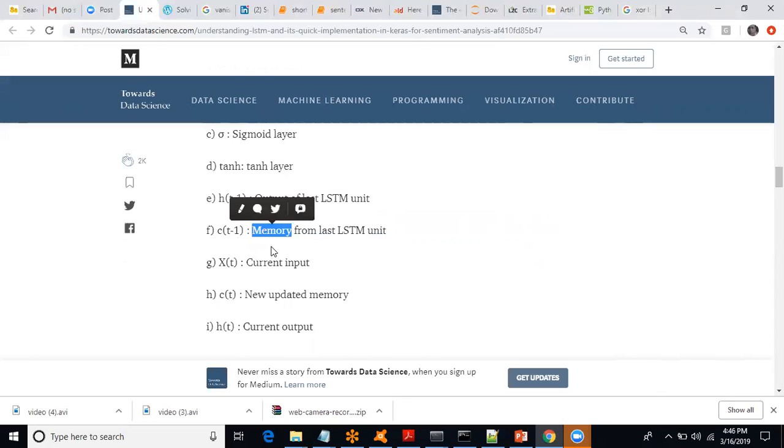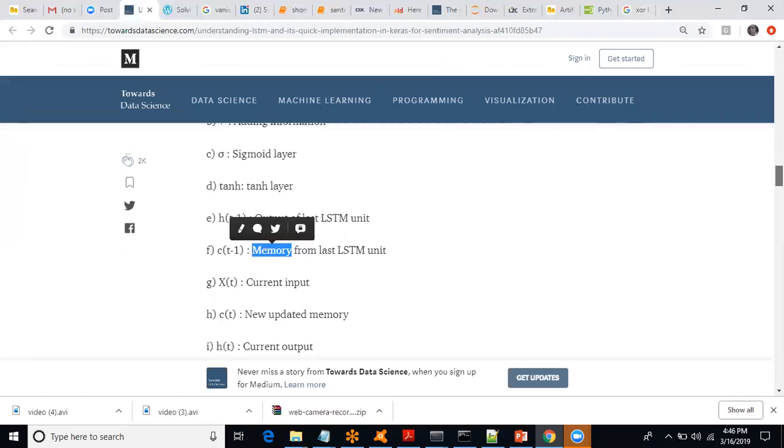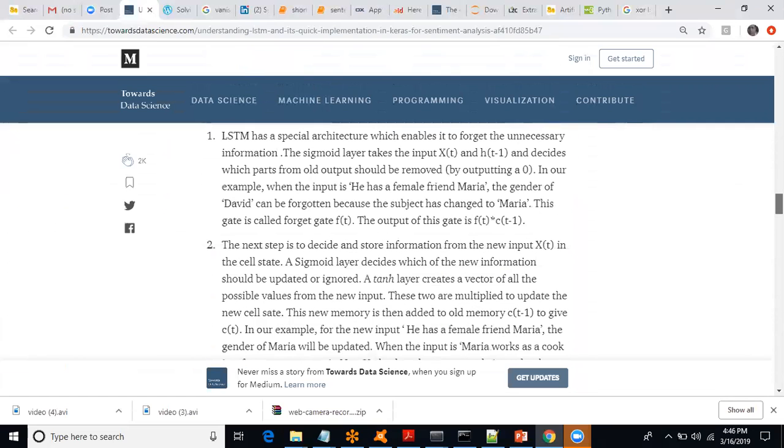So we take the memory directly rather than writing a new memory. So c of t minus 1 into f of t. F of t is the forget gate.